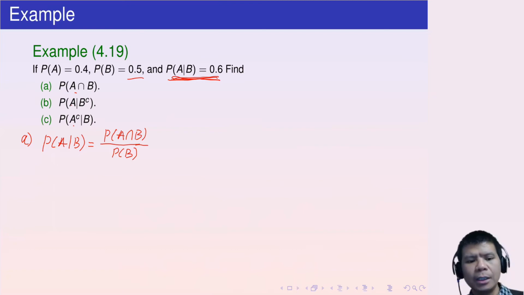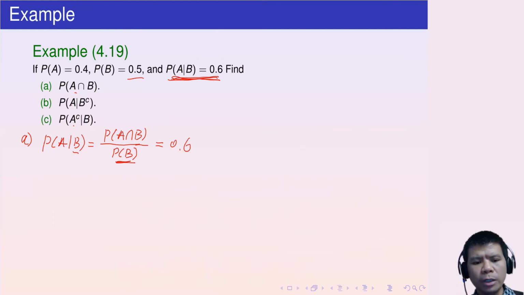We know that the conditional probability of A given B equals the probability of the intersection over the probability of B, which is the event that serves as a condition. This equals 0.6.